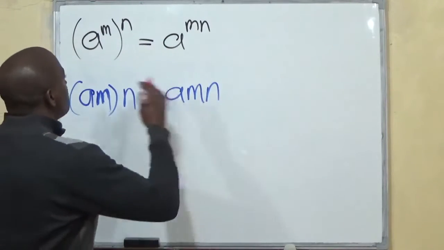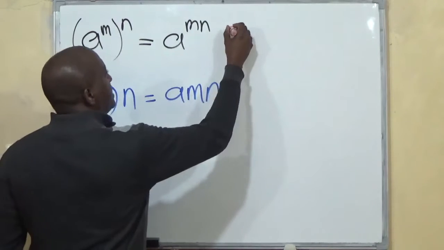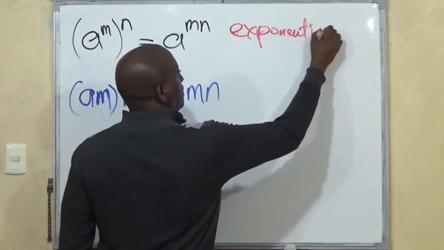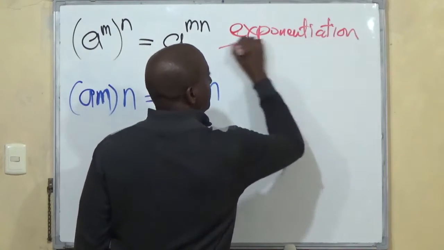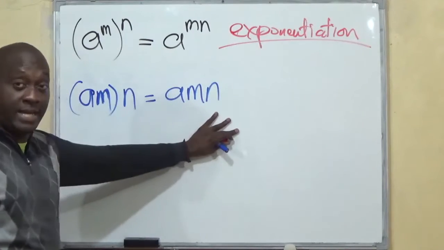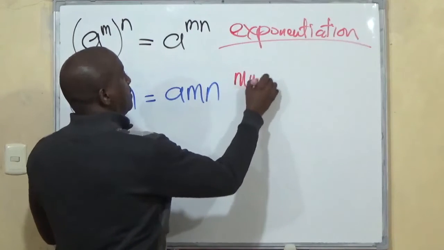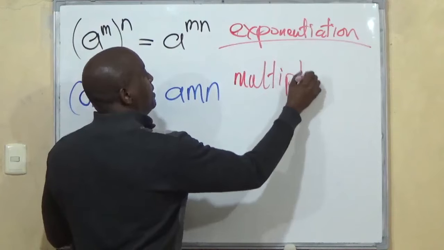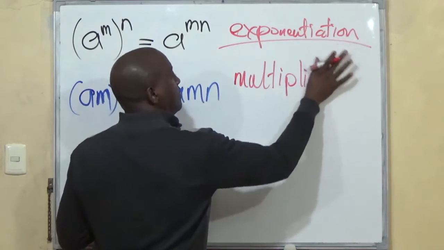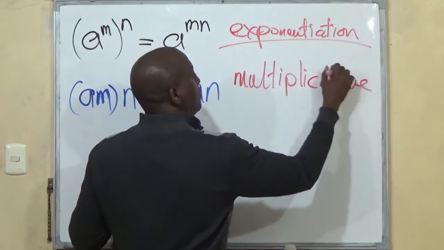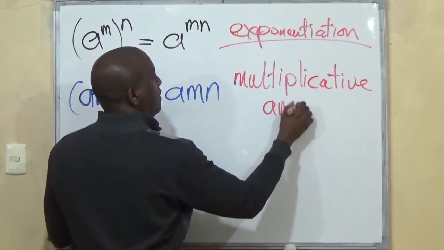So, this here is the exponentiation as we discussed. Alright? This here, watch the vocabulary carefully, is the multiplicative analog.